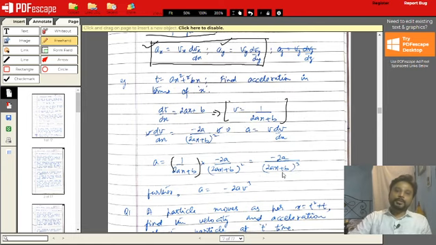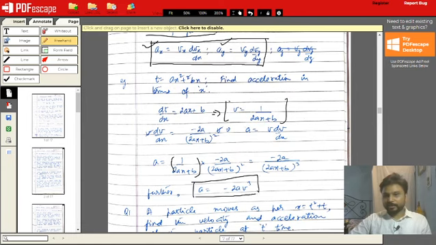Now 1 upon 2ax plus b is velocity, and this comes 3 times over here. So acceleration is equal to minus 2a v cube. This is a very neat expression which we can obtain eventually, but our objective was to find the acceleration in terms of x, which is minus 2a upon 2ax plus b cube.